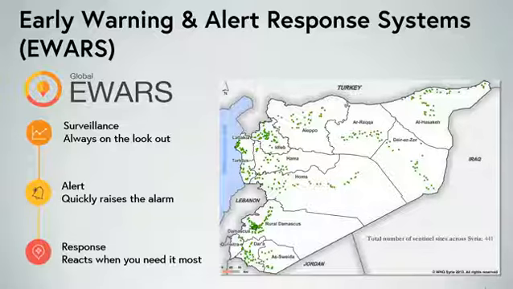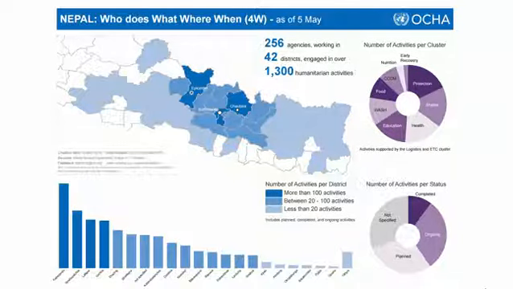Other tools include the Health Resource Availability Mapping System, or HeRAMS. This is a cluster tool that maps local health facilities and highlights gaps and inequities in terms of geography and health service provision. There is also OCHA's 4W tool, Who's Doing What, Where, and When, that helps to identify gaps, inform decision makers, and alleviate duplication.